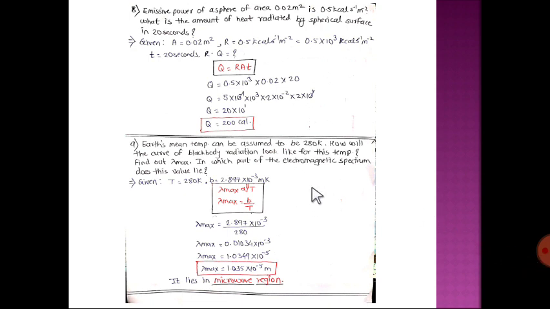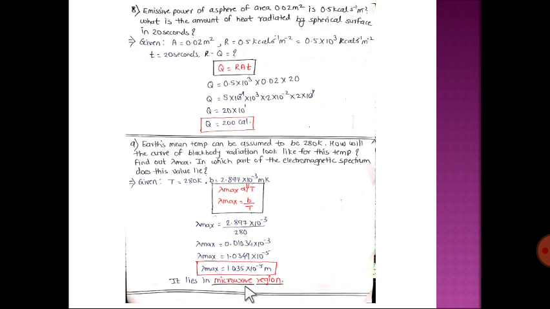You can see the diagram or graphical representation in which all the regions are given. We have discussed all the theory part about this, in which we are using that theoretical part of spectrums, and we are using those regions over here. So as the value is 1.035 into 10 raised to minus 5, this lies in microwave region.